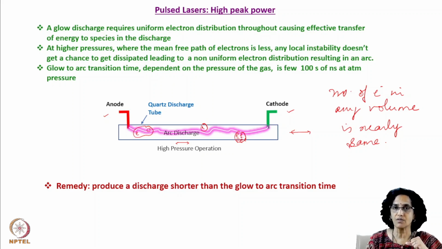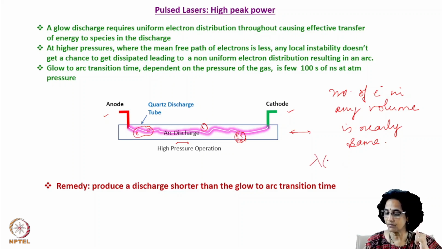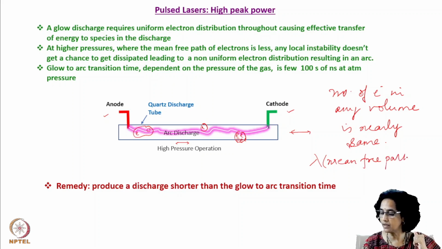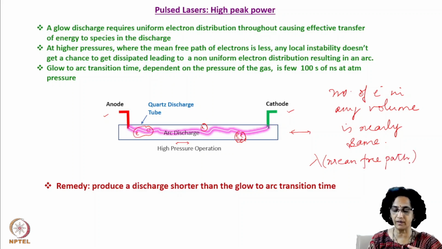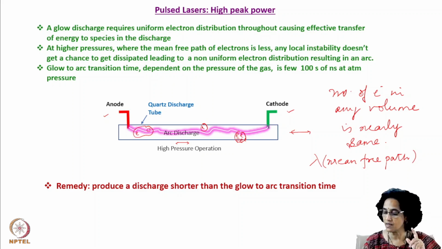Now, at low pressure, your mean free path, where lambda is called the mean free path, is larger. What is mean free path? Mean free path is the distance traveled by the species between two collisions. This mean free path is inversely proportional to the pressure. Higher is the pressure, smaller is the mean free path.